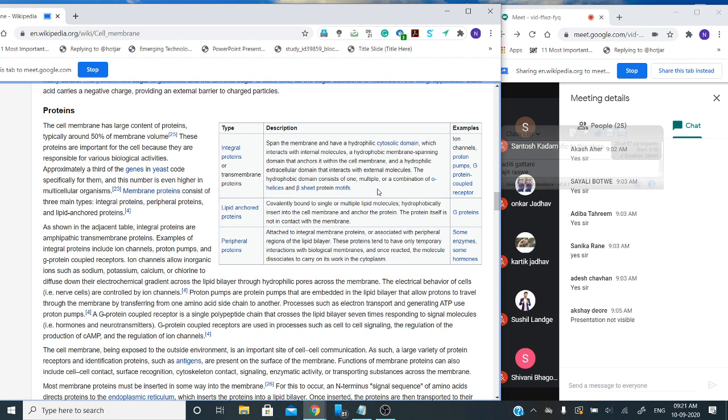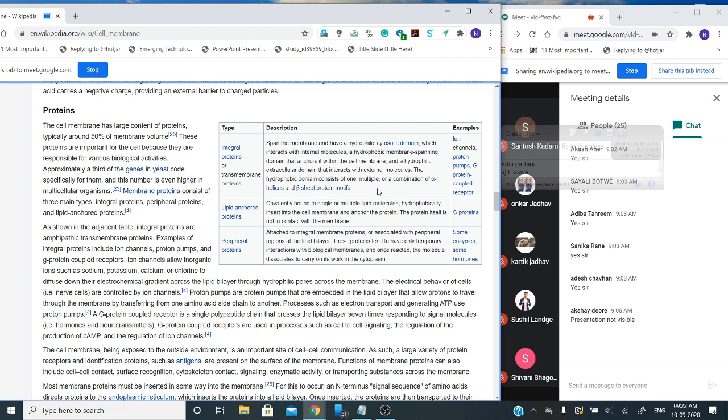They are covalently bound to single or multiple lipid molecules, which are hydrophobically inserted into the cell membrane, and they anchor the protein. The protein itself is not in contact with the membrane. An example of this is the G protein. Again, I am not calling it the G protein coupled receptor. At the end, the G protein is there.